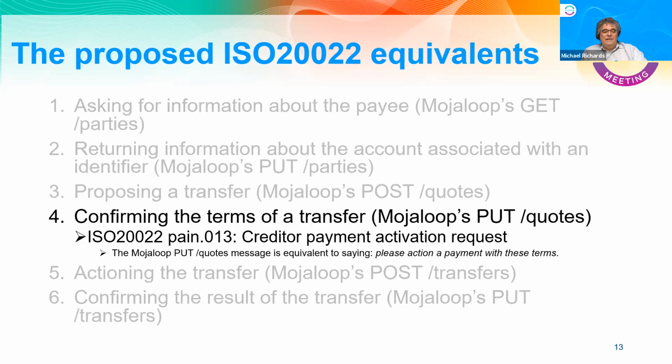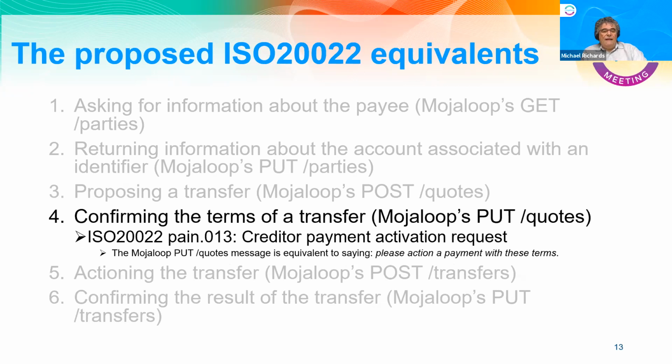Returning the information, there is a PAIN.013, which is an activation request. And this is equivalent to saying, please action a payment with these terms. It's equivalent almost to our request to pay, but we think it maps well onto the semantics of the put quotes, which basically says, here are the terms under which I will accept the transfer, you may go ahead with it.